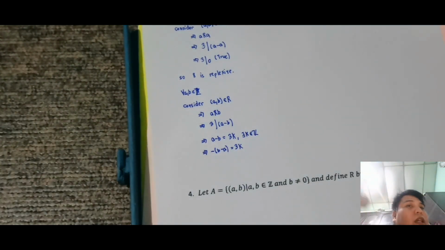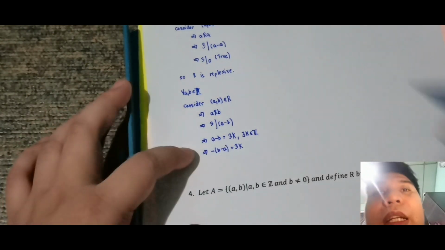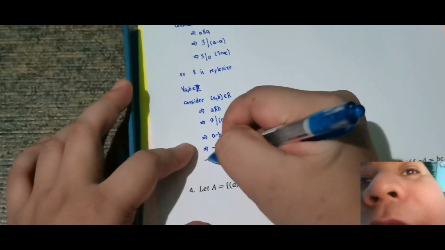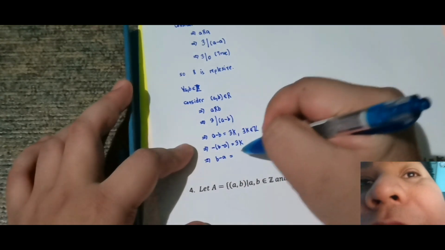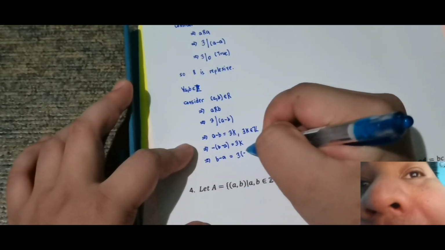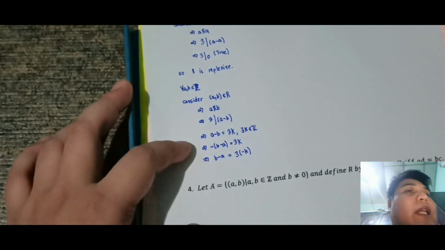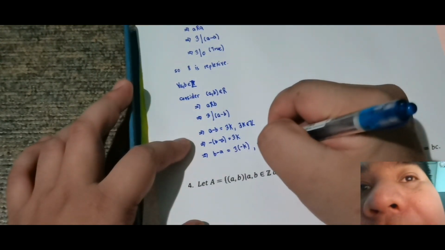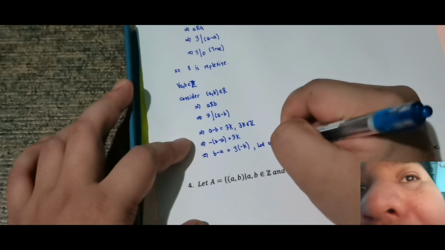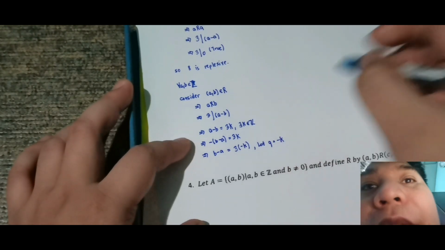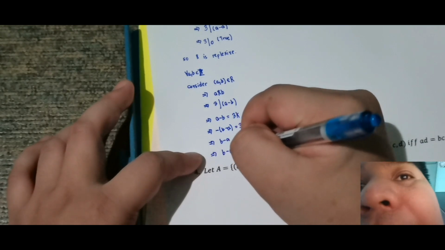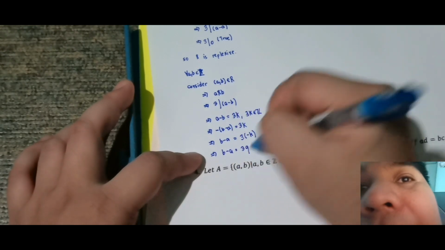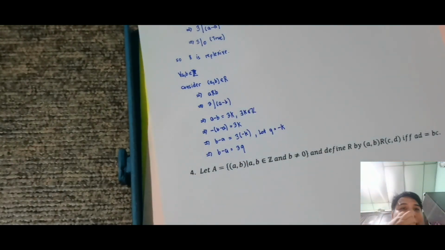So, ang ginawa ko, nilabas ko yung negative, naging B minus A. Ngayon, i-divide ko both side by negative, magiging B minus A is equal to, yung negative, isasama ko kay K. Okay, bakit ganun ginawa, sir? Ngayon, ilalet ko. So, let Q is equal to negative K. So, this implies that B minus A is equal to 3Q, for some Q, element pa rin ng integers.